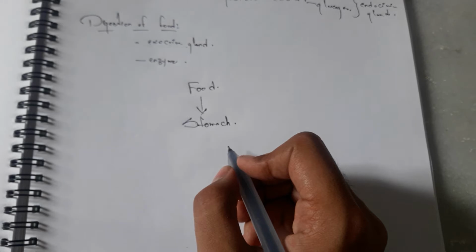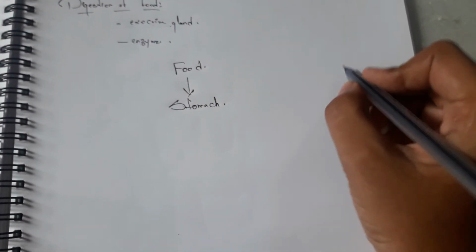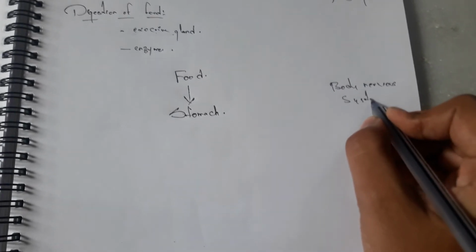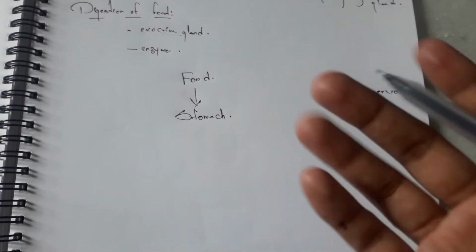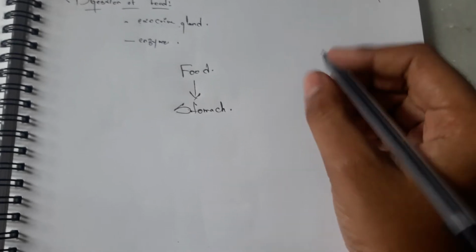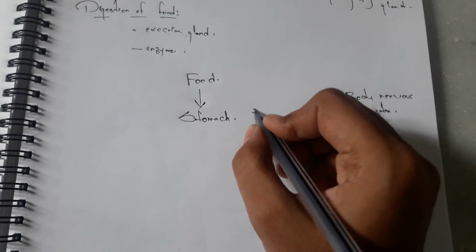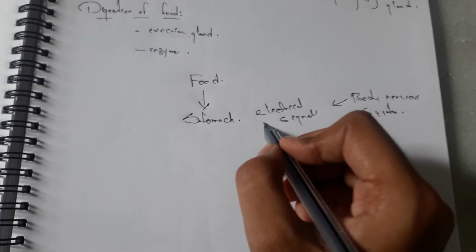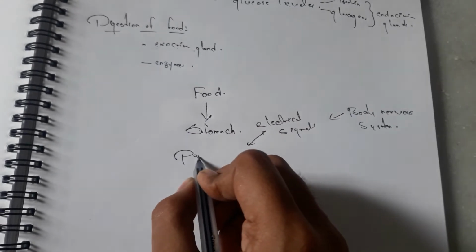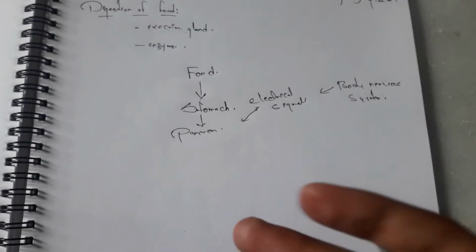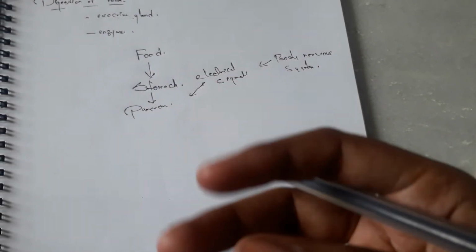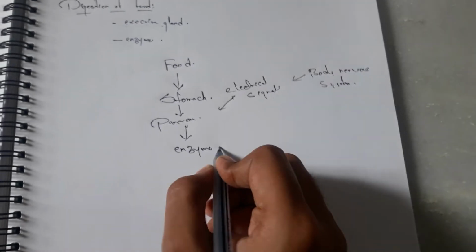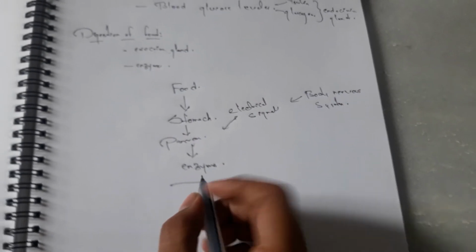Whenever it enters the stomach, the body's nervous system will activate the pancreas by transferring electrical signals to it. It will make the pancreas secrete the enzymes, and these are the enzymes which help in the digestion of food.